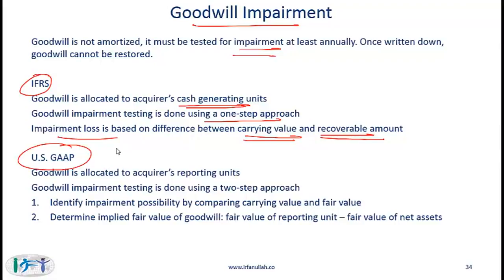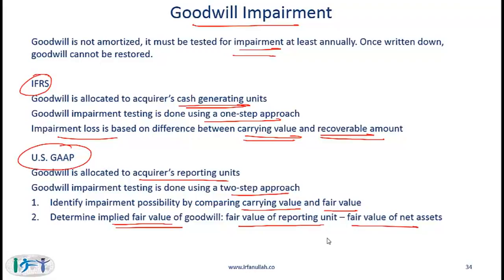income statement. Under US GAAP, goodwill is allocated to the acquirer's reporting units. Goodwill impairment testing is done using a two-step approach. First, we identify the impairment possibility by comparing carrying value and fair value, and then we determine the implied fair value of goodwill, which is equal to the fair value of the overall reporting unit minus the fair value of the net assets.